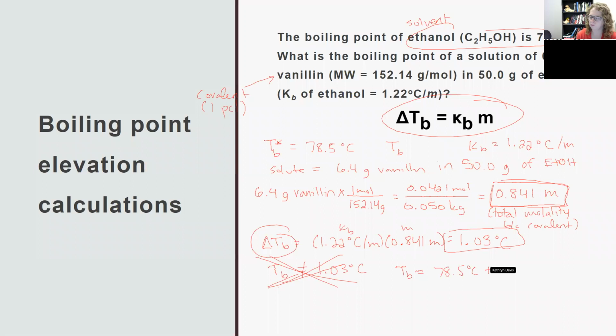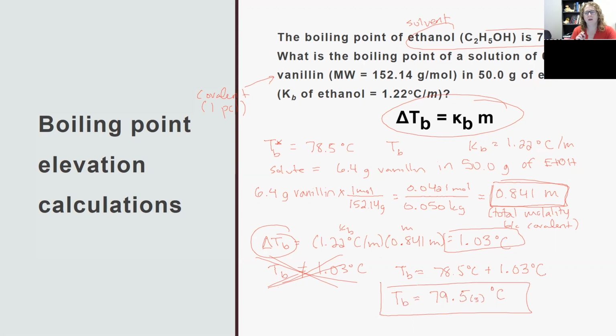The new boiling point is really 1.03 degrees Celsius higher than that. And so taken together then, the T_B ends up being 79.5, and technically there's a 3 degrees Celsius. The boiling point got higher when I added solute. I calculated the change and then I added the change on to the old boiling point to get my final answer.